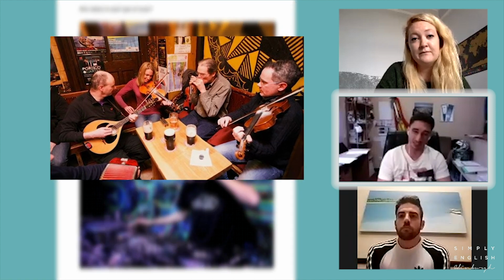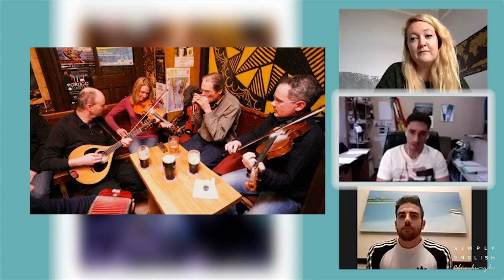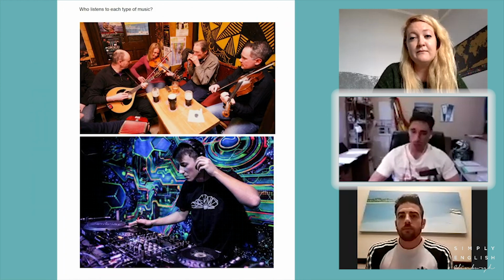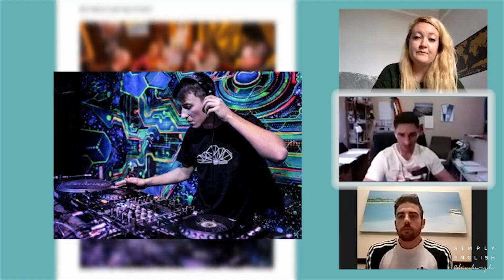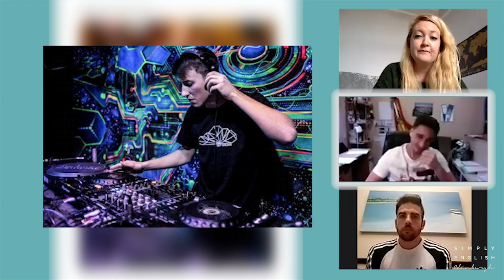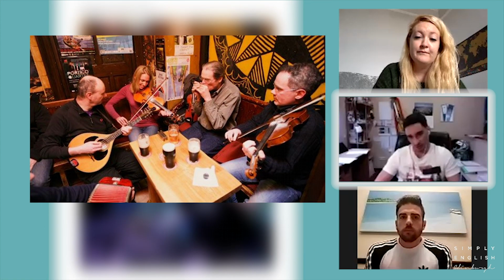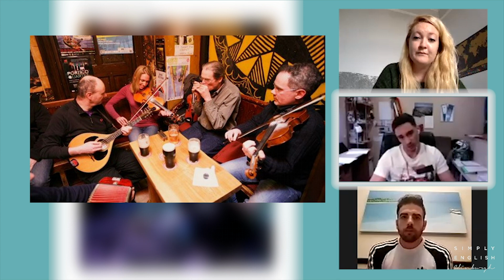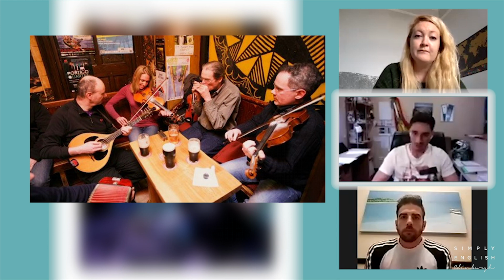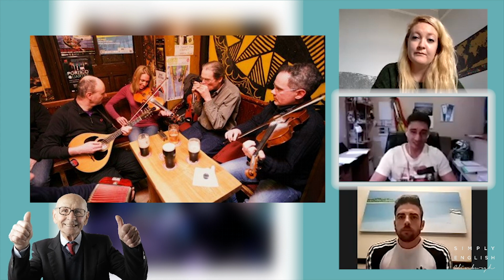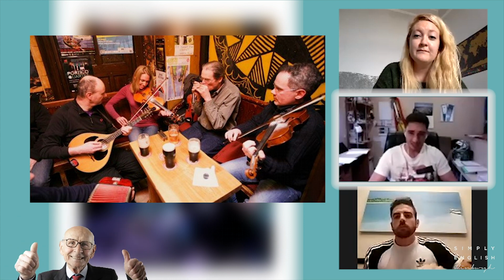The first image focuses on a group of musicians playing different classical instruments in a bar. However, the second one concentrates on a DJ playing music in a disco. Coming back to the first image, I think everyone can enjoy this kind of music, classical music, but nowadays not all people are interested in that.